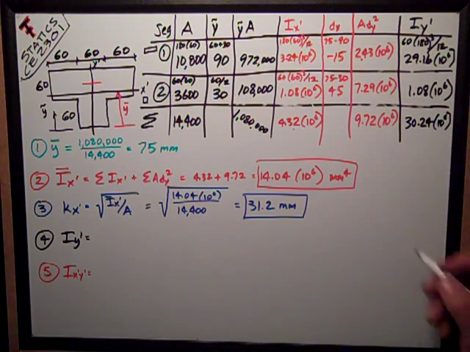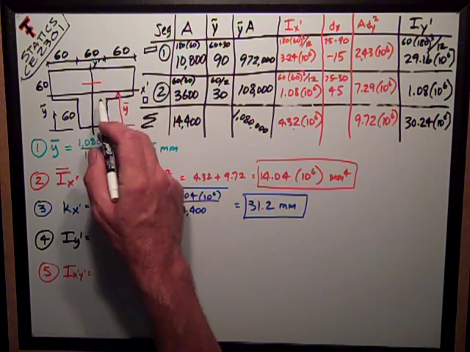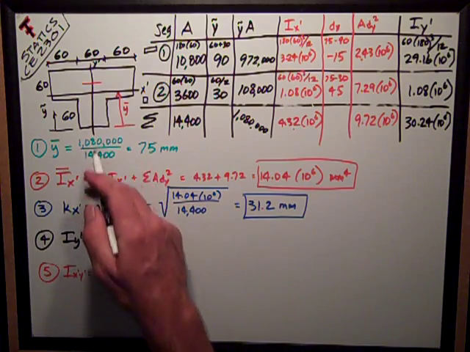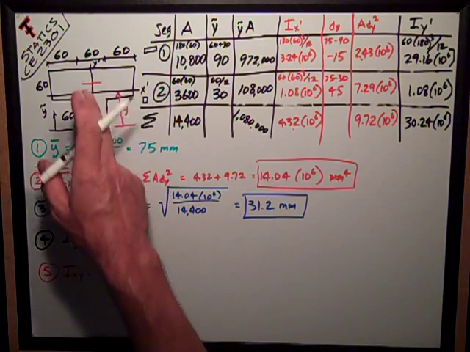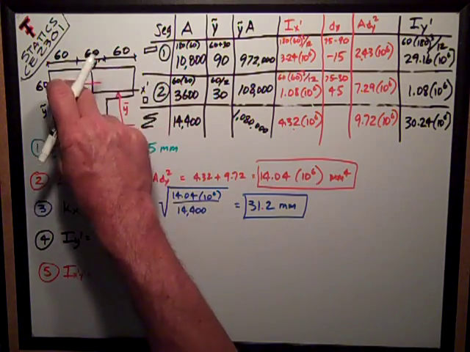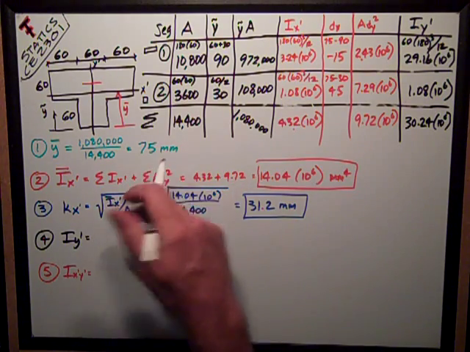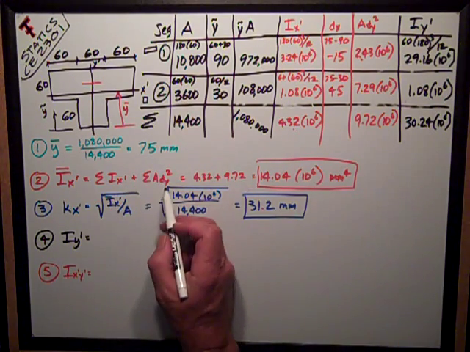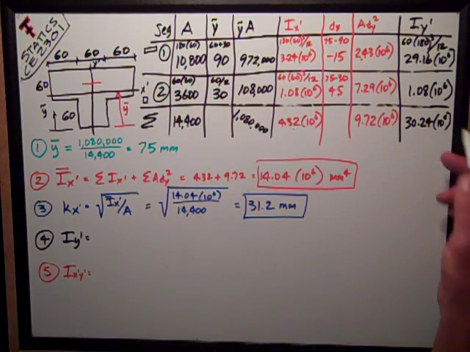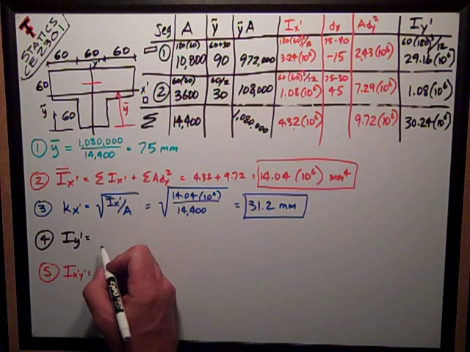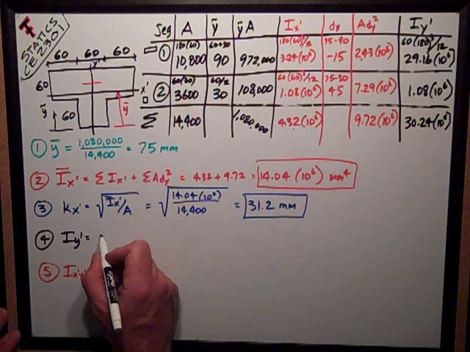And now I need my A dx squared term. Oh, this is nice because the centroid of the overall composite shape is at the centroid of the individual pieces. The dx term is 0, so that A dx squared term in this case goes to 0. So I'm left with just the sum of my individual centroidal moments of inertia about the y-axis.